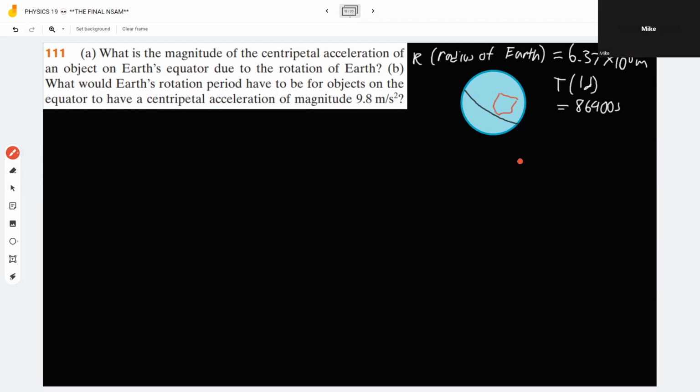Okay, so yung object is moving on a circle. We know the period. We know the radius. So, ano yung acceleration ng object?